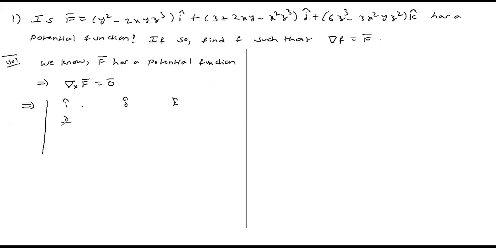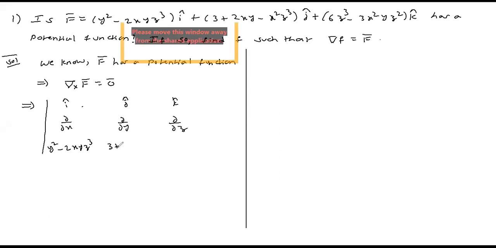So dou by dou x, dou by dou y, dou by dou z. First component of f bar is y square minus 2xyz cube. Second component is 3 plus 2xy minus x square z cube.